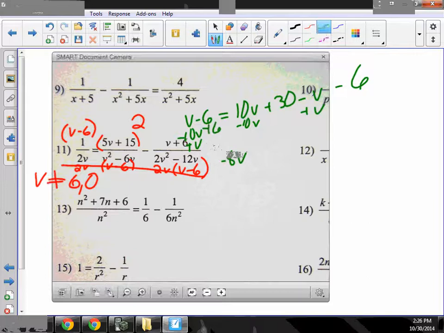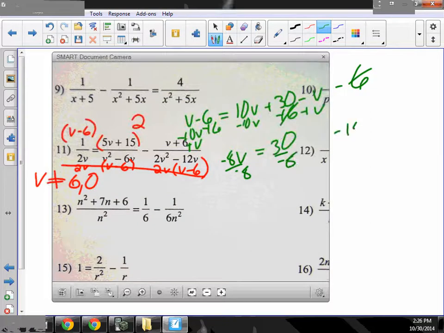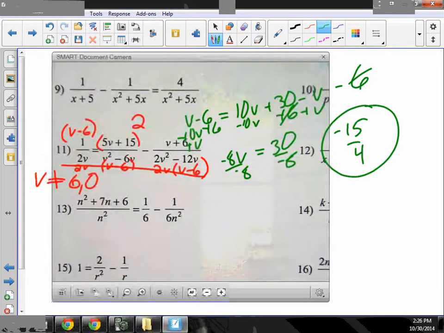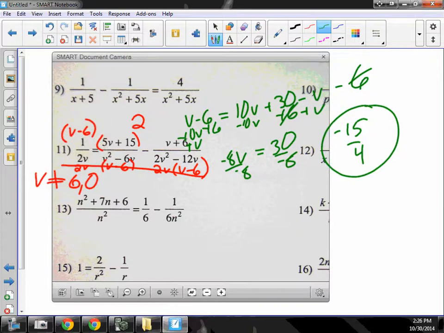Add the 6. So I get negative 8v equals 30. Divide by negative 8, and that's going to simplify to be negative 15/4. Was that one of the excluded values? No. So that is the answer.